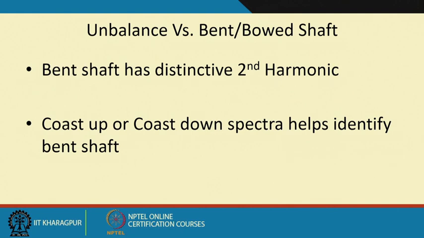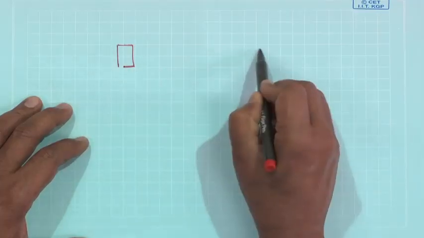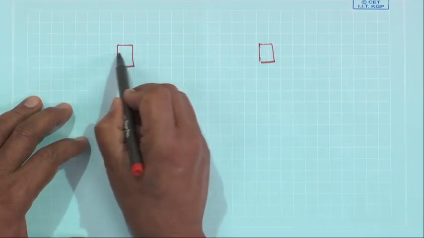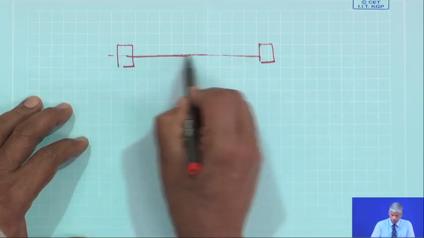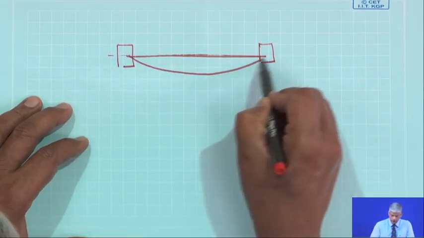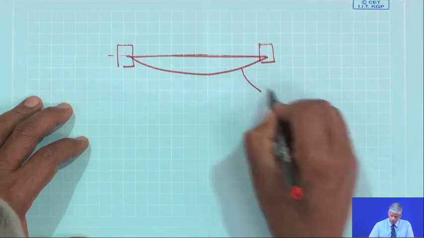As opposed to shaft being unbalanced, there could be a scenario where the shaft is bent. This is my original shaft, but it has bend or bowed. Okay.